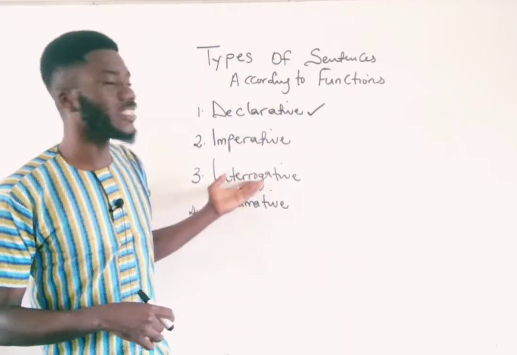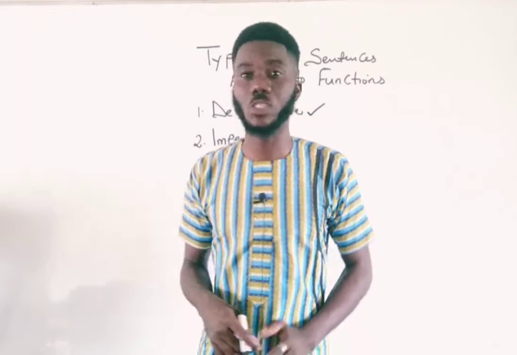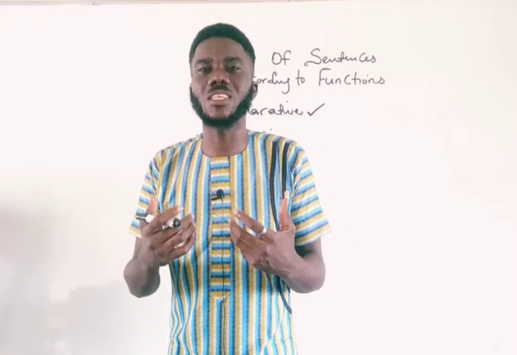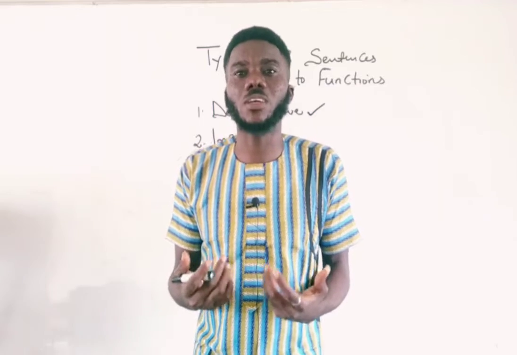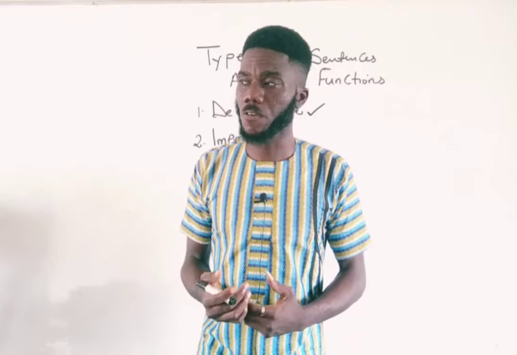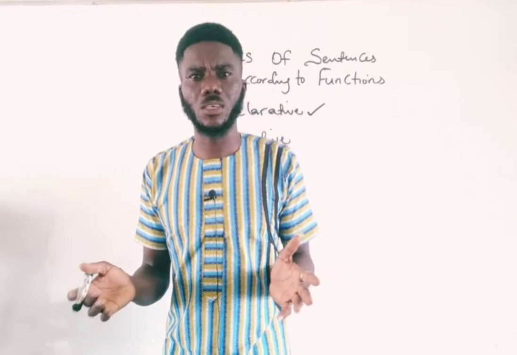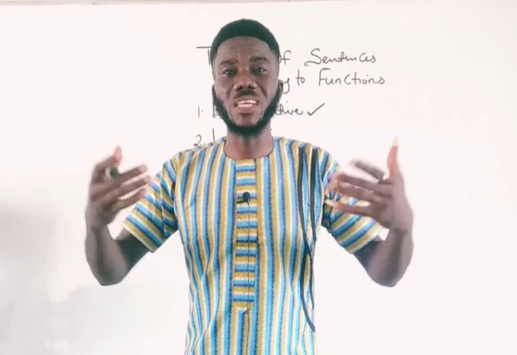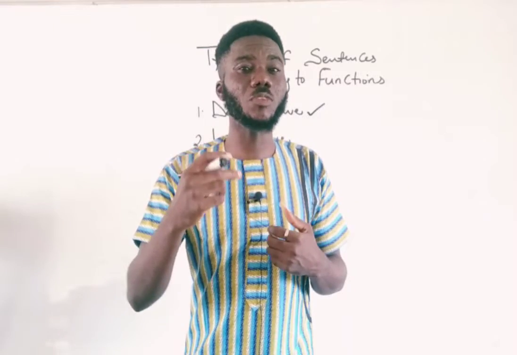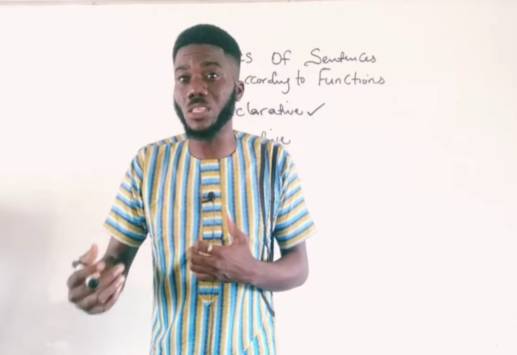Okay, we have the interrogative. Whenever you hear anything having to do with interrogative, it is about questioning. A sentence in the interrogative form is used to ask questions. It requires an answer. Now, take for instance when you ask, "Who is this? How did you get here?" Any of these, whenever you make that sentence that ends with a question mark that requires an answer, take note. Know the difference between requiring an answer and requiring a response that would have to do with body movement.